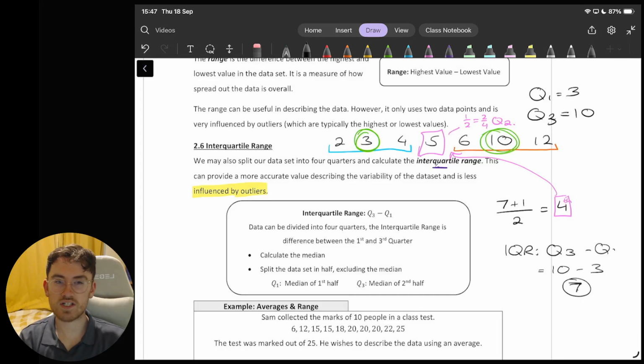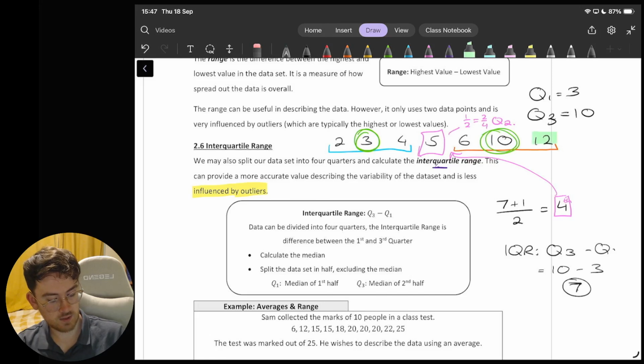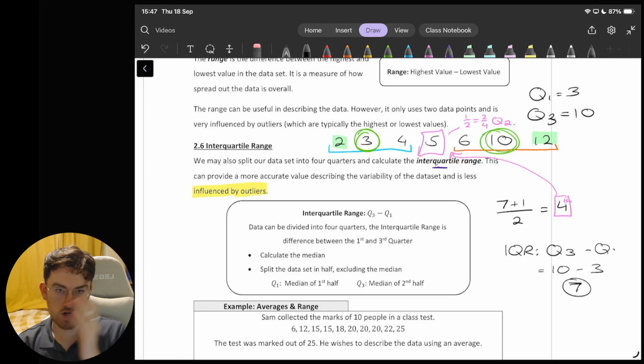So the interquartile range there is 7. If we look at the overall range, it would be 12 take away 2, which is 10. Which is quite a larger range, and not necessarily due to any outliers, obviously just because I'm taking the terms that are one step further away either side there.